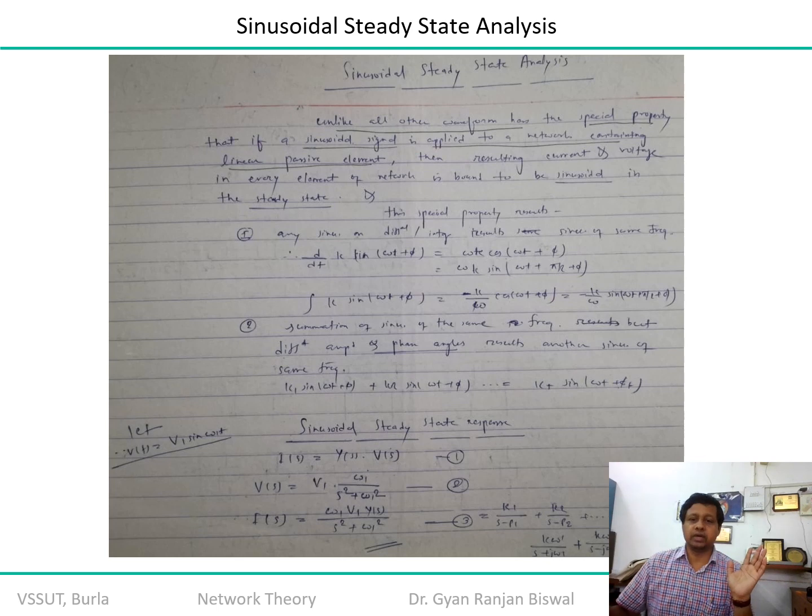If you see the characteristic of the prime movers, it follows a sinusoidal pattern. That means the amplitude and the direction of flow of the flux always follow a sinusoidal pattern. So because of that, your supply is available in sinusoidal pattern.